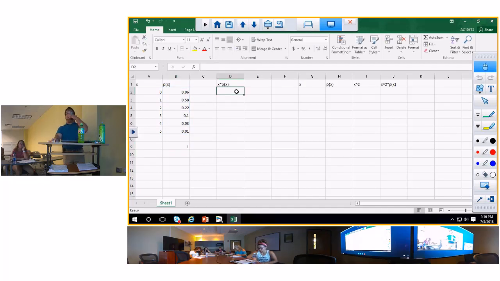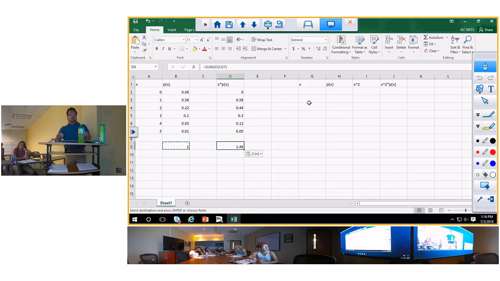Here we're going to find the mean. So I'm going to take equals this guy times this guy and enter, and copy down. I'm going to copy this guy, Control C, Control V, and there's that.